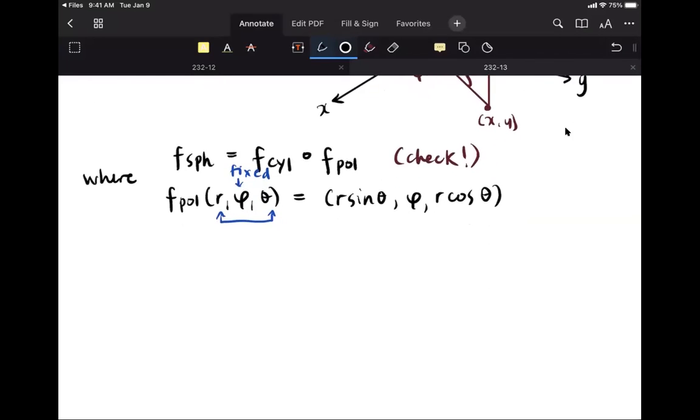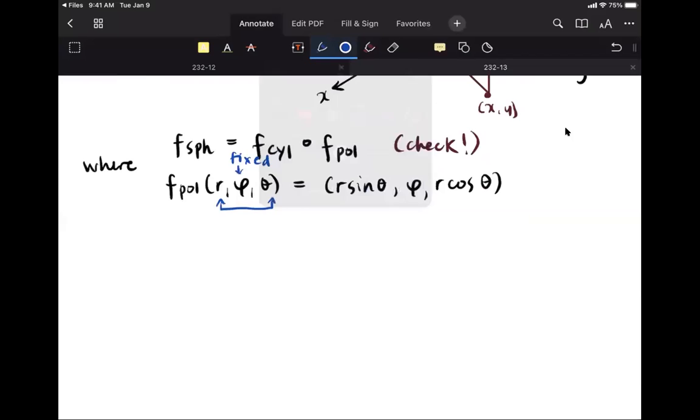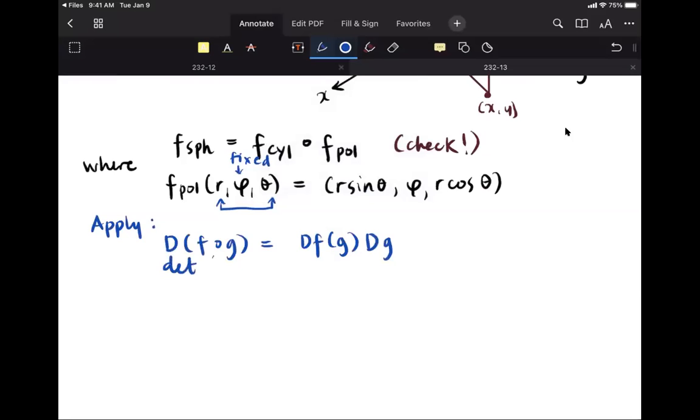Now we apply the following. We know that the Jacobian of the composition is the following: you take the Jacobian of F, then evaluate at G, and then multiply it with the Jacobian of G. Likewise, the determinant of the product of two matrices is the product of the determinants.